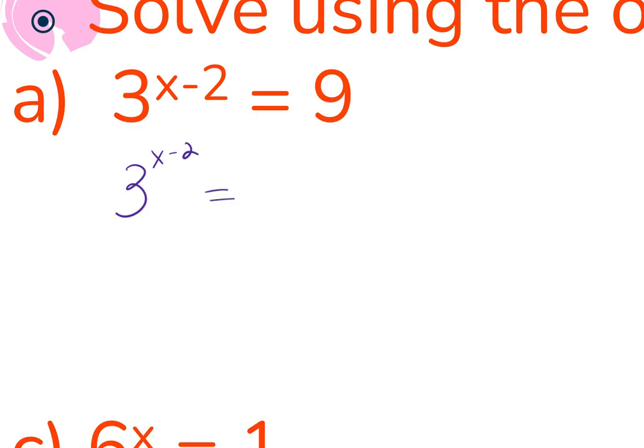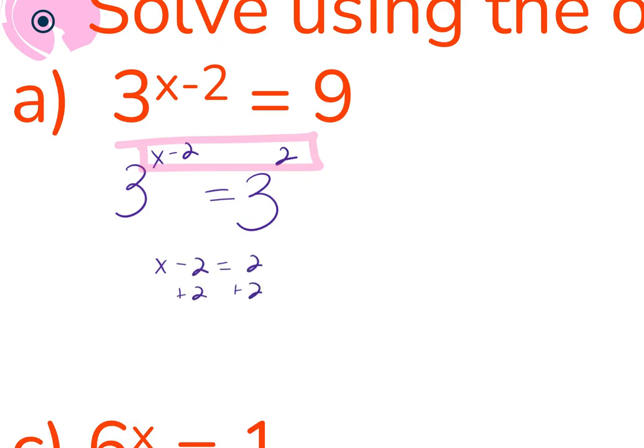But 9 is 3 to what power? Good. So I'm going to rewrite 9 so that it has a base of 3. And then I'm going to ignore the bases because they're the same, and I'm going to set my exponents equal to each other and solve for x. Now these are easy to check because I could literally just plug it back in. So 4 minus 2 would be 2, and 3 squared is 9.